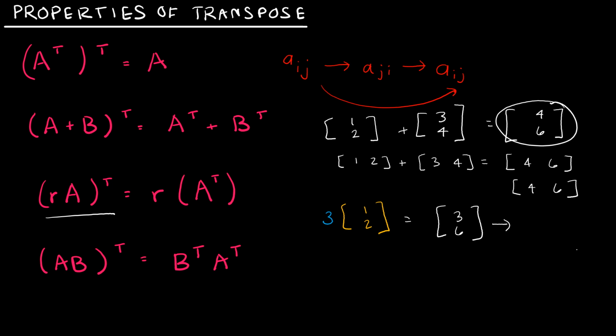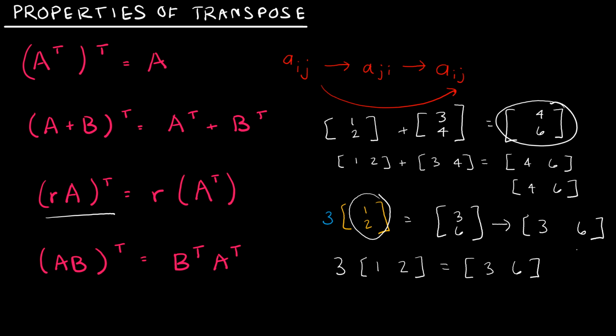And then the transpose of that would be obviously in a row instead of a column. Conversely, if I take 3 times the transpose of 1, 2, which is 1, 2 as a row instead of a column, I am going to end up with, yes, 3, 6. So again, those are very simple elementary examples just to show you that those properties hold.